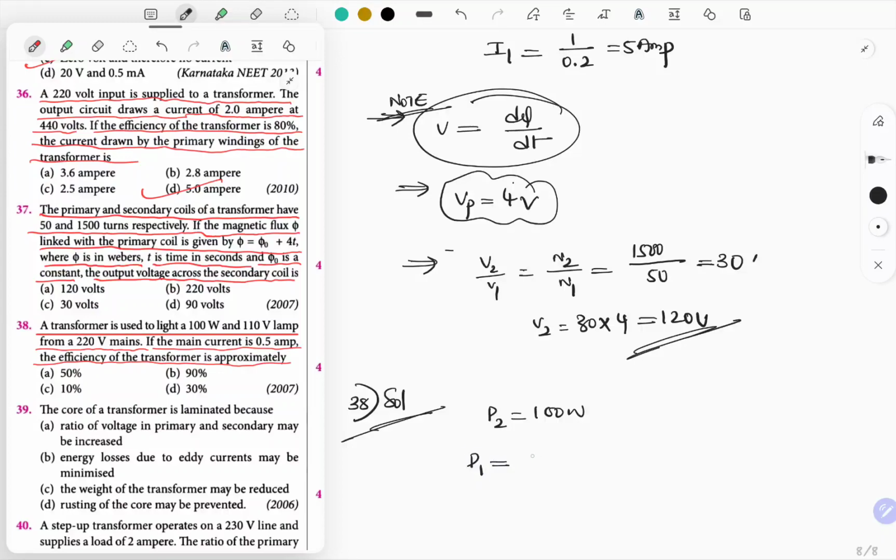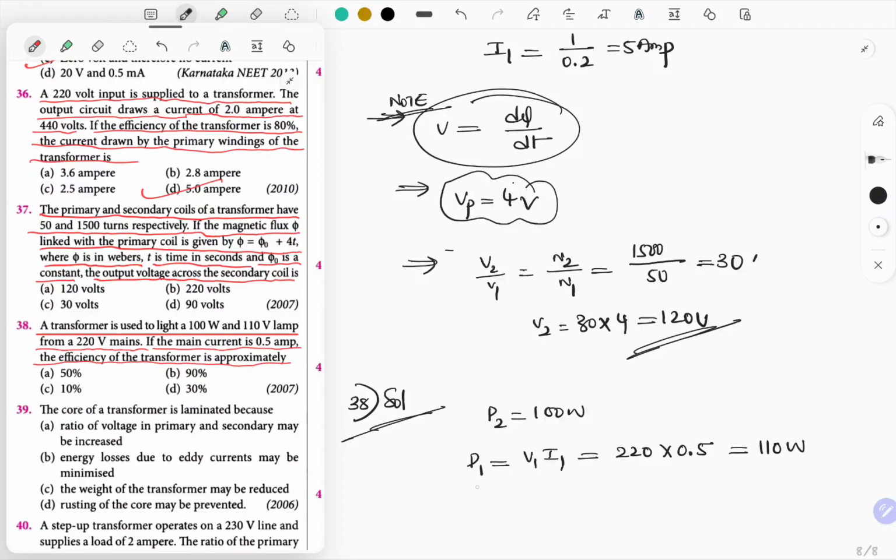So let's find out P1. P1 is V1 into I1, where V1 is 220 volts and I1 is 0.5 amperes, which is equal to 110 watt. So this is the input power.